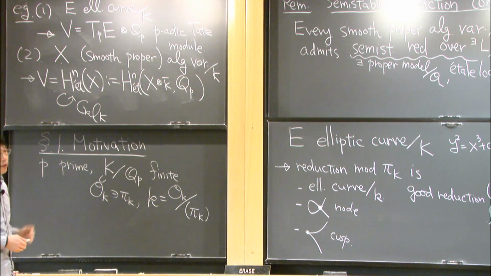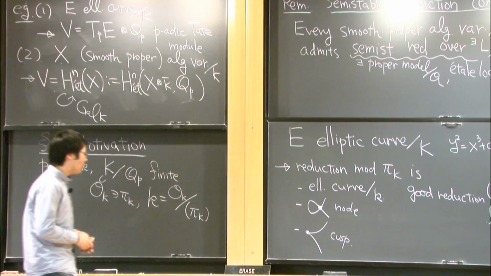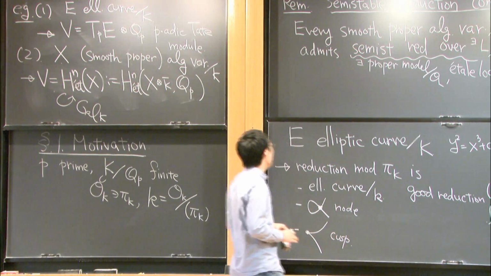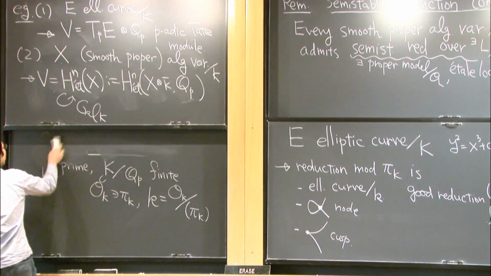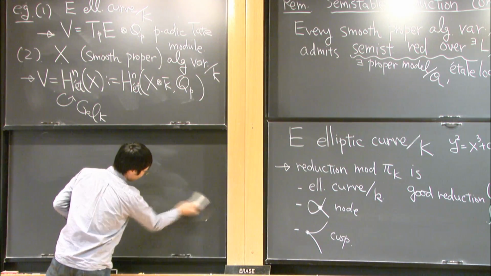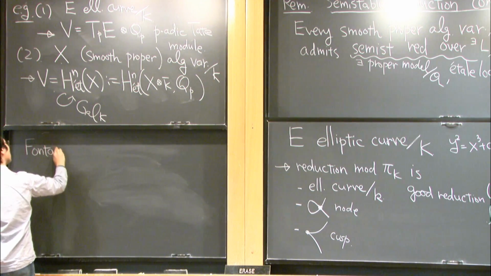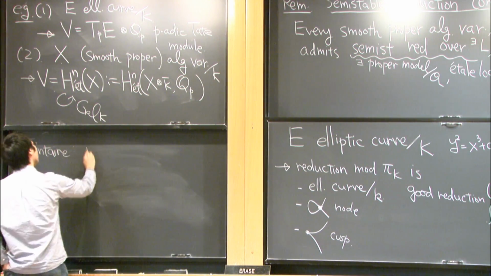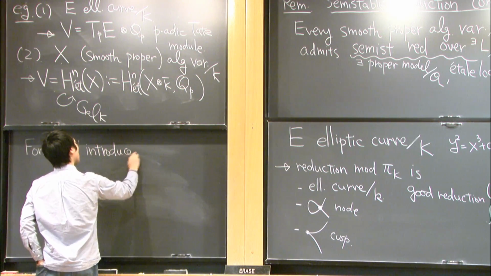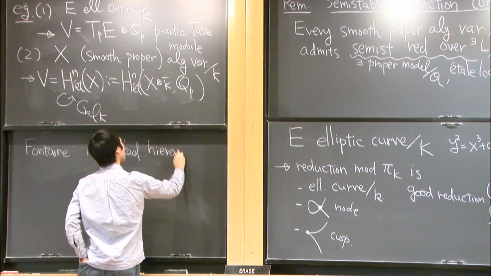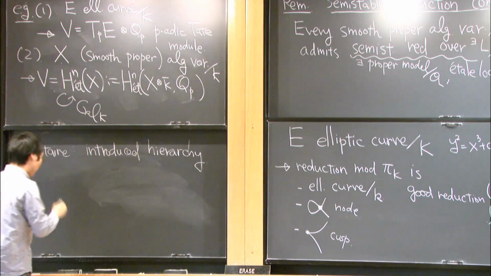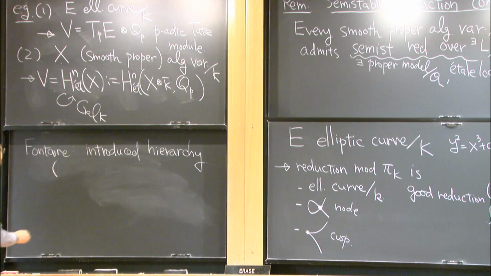Namely, if you look at these geometric examples of Galois representations, you can ask whether these are general examples or form a very specific class of representations. This is the beginning of p-adic Hodge theory, and it turns out they are very special. More precisely, Fontaine introduced some hierarchy, some adjectives for representations.